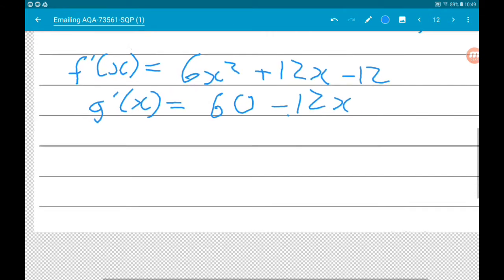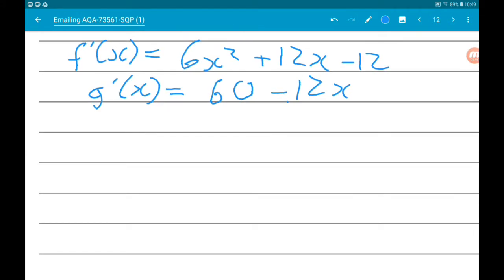So, our inequality then is now 6x squared add 12x minus 12 is less than or equal to 60 minus 12x.